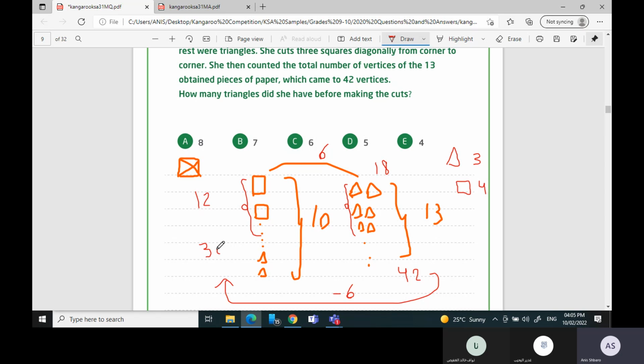So I started with 36 vertices with 10 different papers. First of all, I had 3 squares converted to triangles. I don't care now about this move. I only care that I had 12 vertices and I have 7 different shapes.